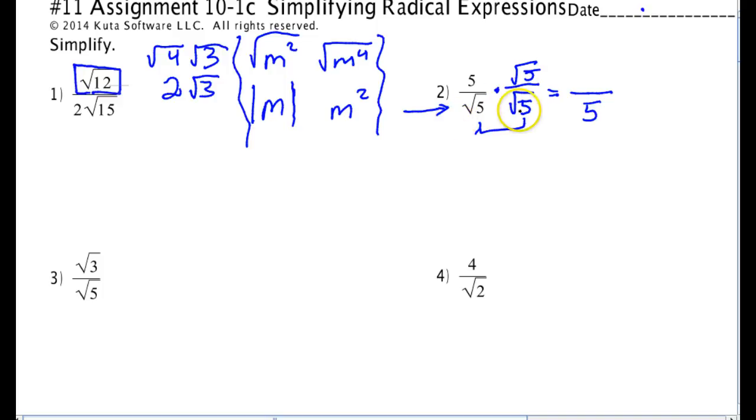Really, it's root 5 times root 5, which is root 25. The square root of 25 is 5, but we don't really need to put that middle step. We just know they're the same thing inside, the same radicands, then the answer will just be whatever it is inside. On the top, it's okay to have a radical.